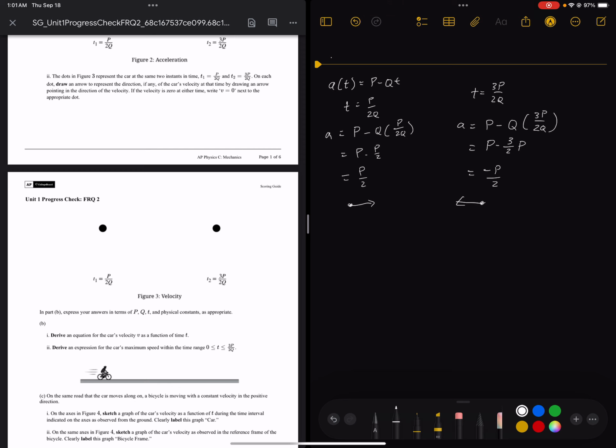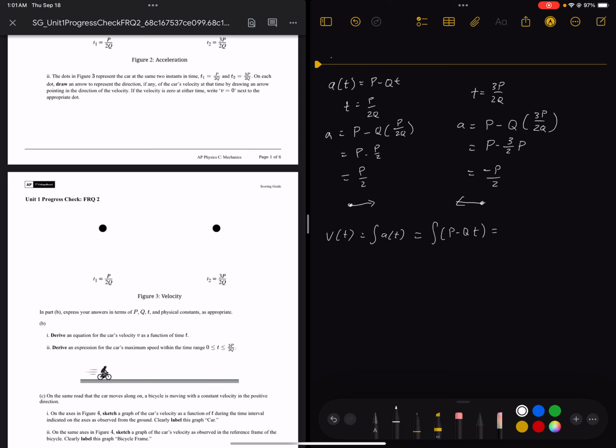So my velocity with respect to time, v sub t, is equal to the integral of a sub t. I'm just going to keep it indefinite. So here we have this equal to the integral of p minus qt.